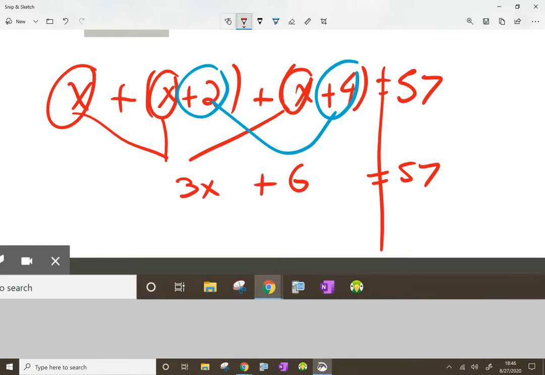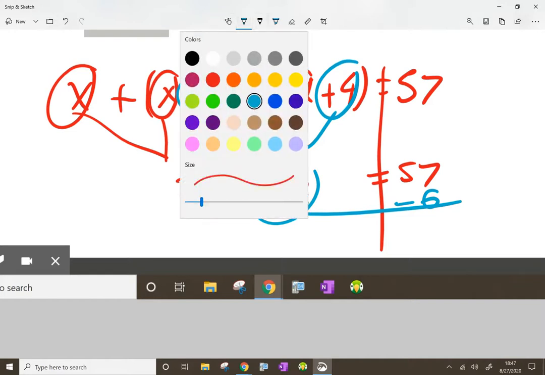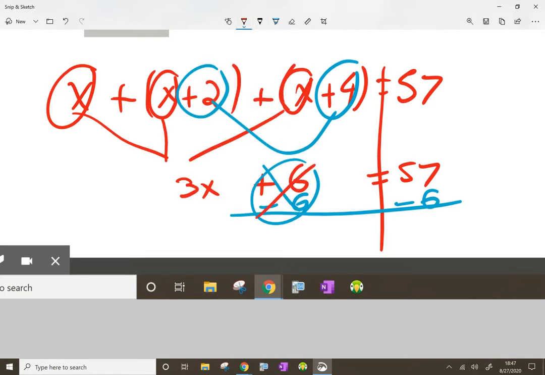So just like before, we'll cancel out the plus 6 by subtracting 6, right? Positive 6 minus 6 cancels out. So don't forget to do it on the other side, though. So if we cancel out the 6's, then the only thing there is going to be 3x. 3x is going to equal, let's simplify here, 57 minus 6 is 51.